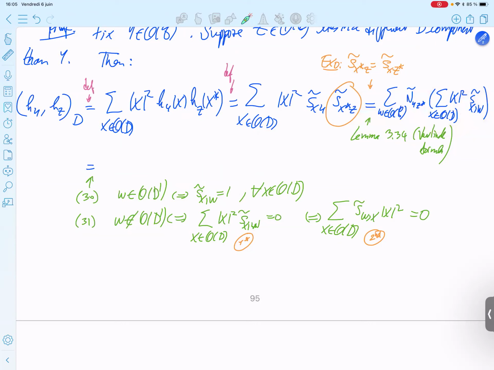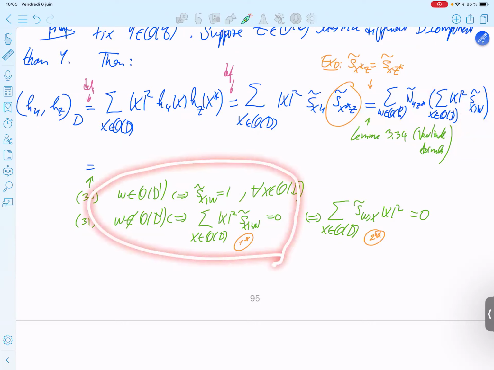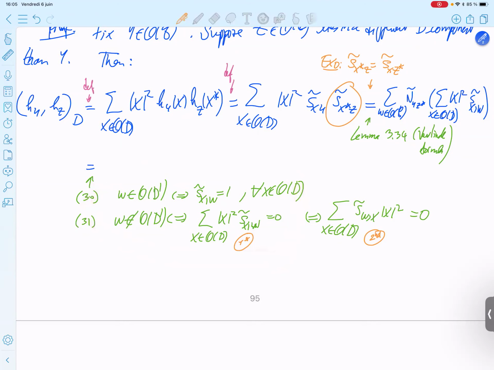So by applying this, you get the following. It is equal to the sum over omega in this way, and Y Z star, and here I forgot omega W, and then you see, sum over simple X in D, square norm.